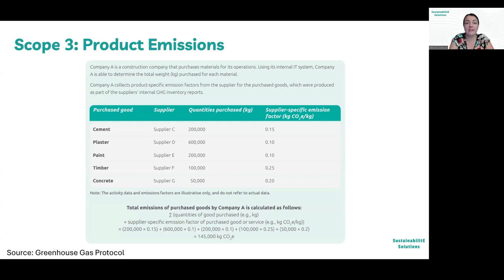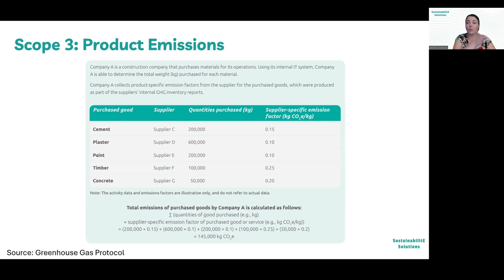Here's an example of product-based emissions. So company A is a construction company. They're buying cement, plaster, paint, etc. They asked their suppliers 3 years ago to start calculating the carbon footprints of their products. And so it took 2 years for the suppliers to baseline and then actually perform those calculations. But now company A has the supplier specific emissions factor.